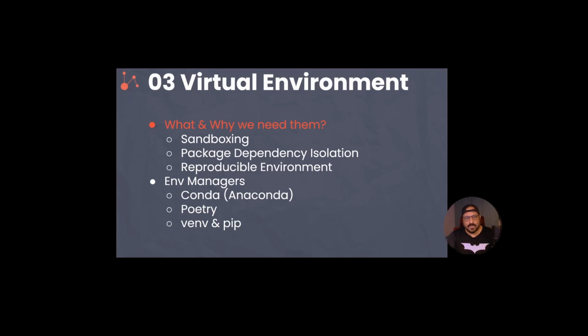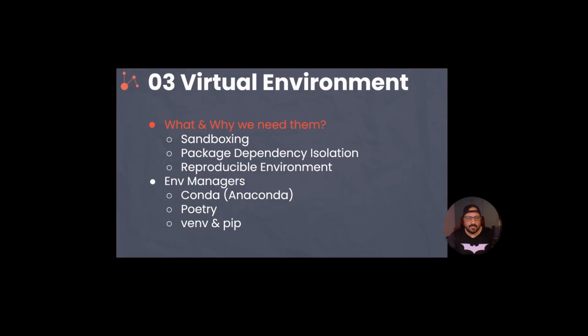Because when you're working on multiple projects, sometimes you must use a certain version of certain packages, right? If you do not have a virtual environment and you install it on a system-wide basis, that means only one copy, so there is no way you can work on multiple projects.